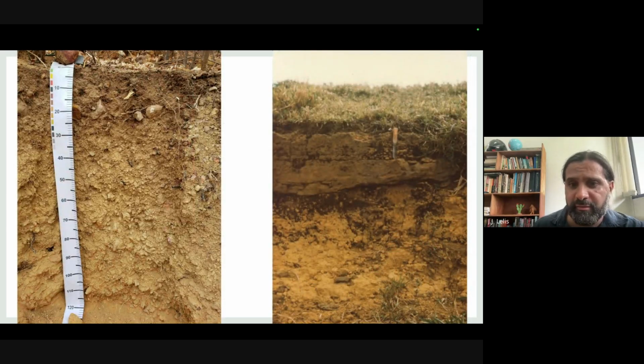In these two photos, I have here a pisoplinthic horizon and here a petroplinthic horizon. A pisoplinthic horizon, you should remember, will have concretions and nodules, but they are not a continuous cemented layer. So the roots can grow through the horizon.